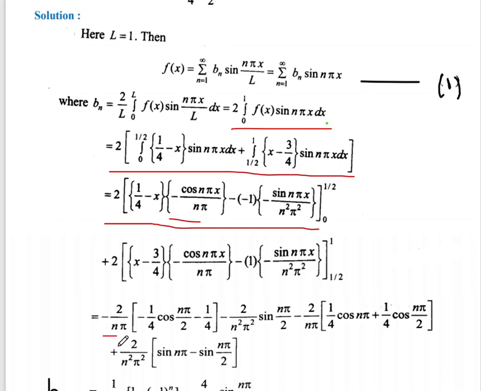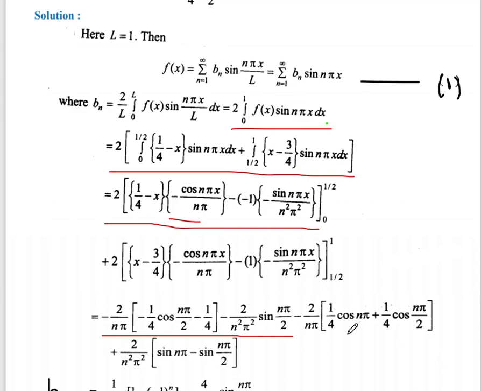If you put in and solve and rearrange the terms, you will get this term. So this is the expansion of this first bracket, upper limit minus lower limit.